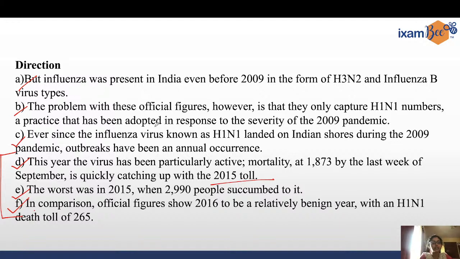Because these figures only refer to what happened in 2009 or after 2009. And what is the problem? That's how you conclude this passage. Influenza was present in India even before 2009 in the form of H3N2 and influenza B virus types. So that's the problem. So we conclude with A.